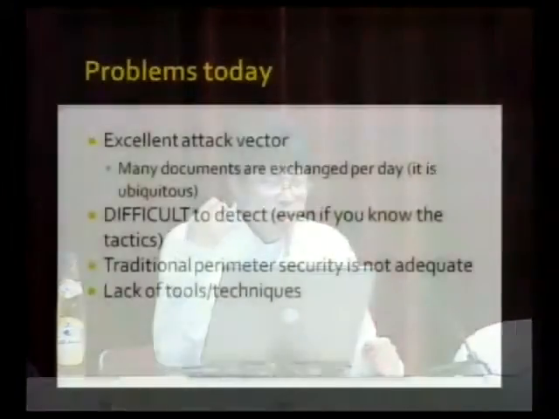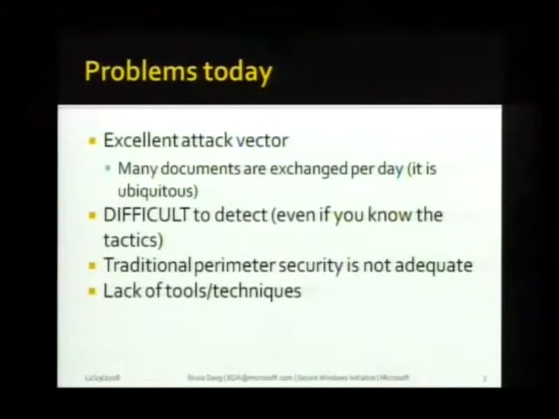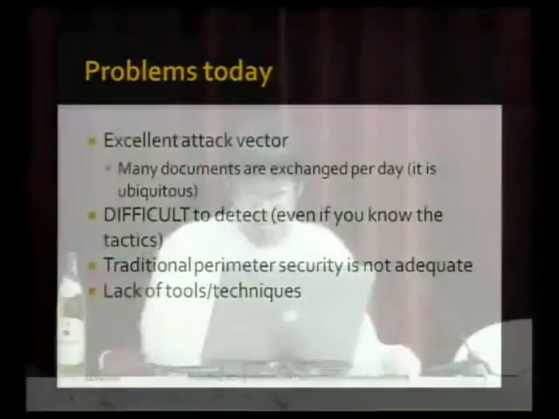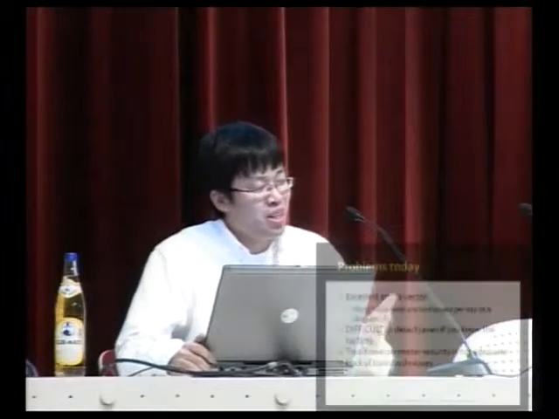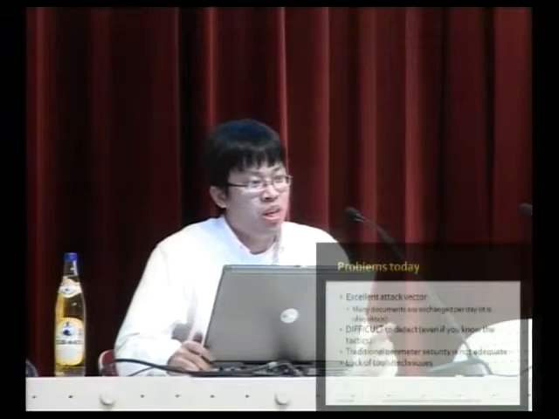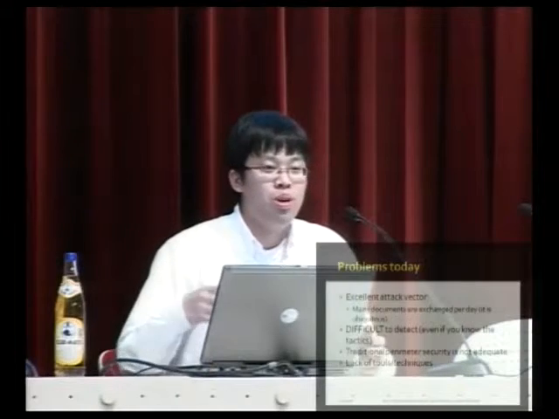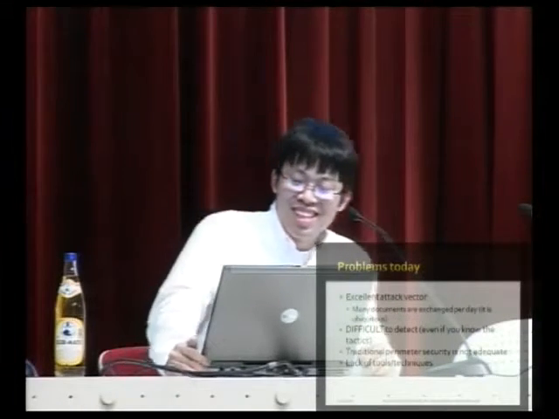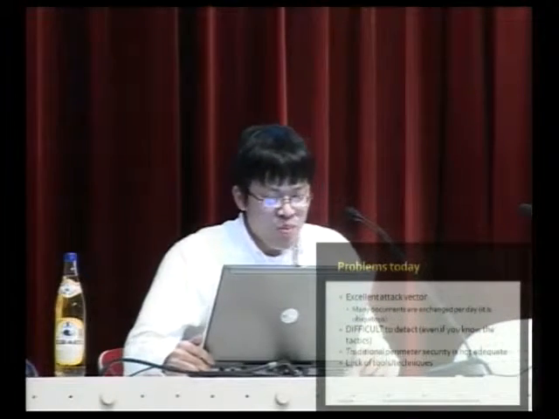Using Office documents as an attack vector is one of the best attack vectors that you have, because one, everybody uses Office. If you work in a large company, everybody uses it. And if you work in a large company, you receive attachments every day, especially if you work in HR, people submit resumes to you quite often. So this is quite common.